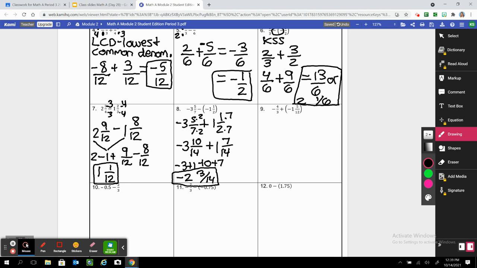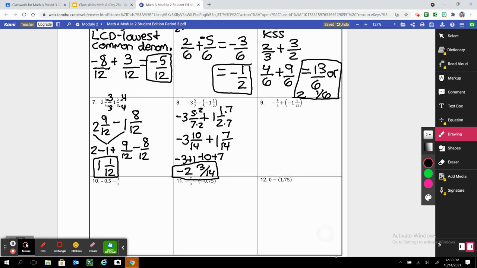All right, number 9, I have -4/3 plus -1 and 5/12. So I'm going to multiply this first fraction by 4 to get -16 over 12. Plus, I have -1 and 5/12. All right, so they're both negative, so I'm just going to add them together, and I'm going to get -1.